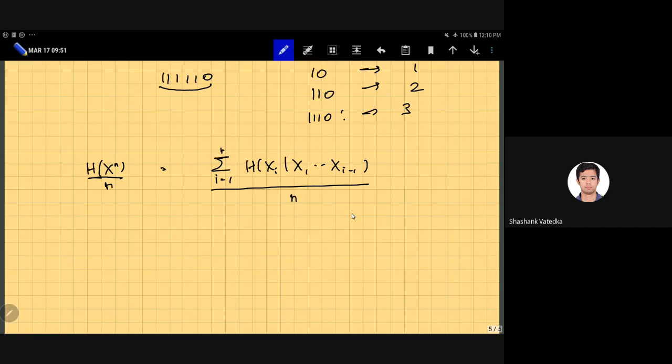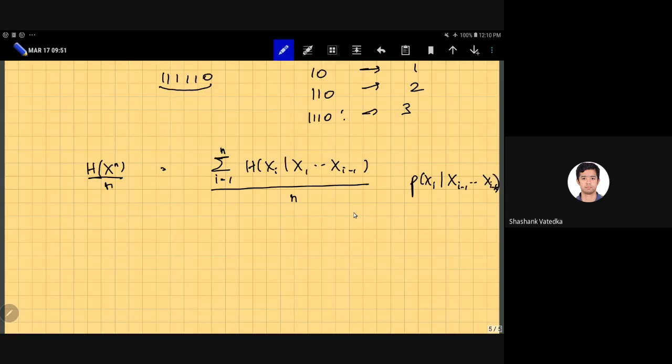In fact, it turns out that any stationary and ergodic source, which is basically a source with memory, can be approximated by some kth order Markov source, where Xi can depend on Xi minus 1 all the way up to Xi minus k.